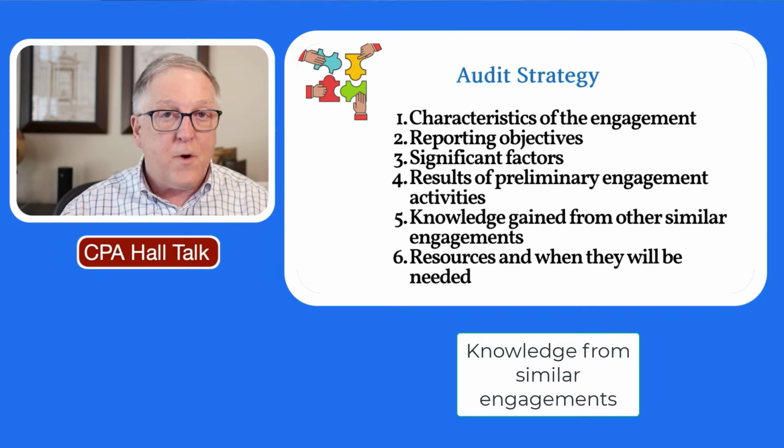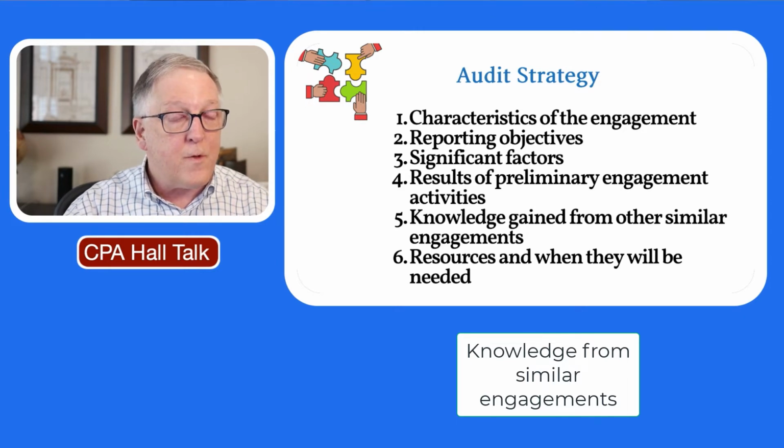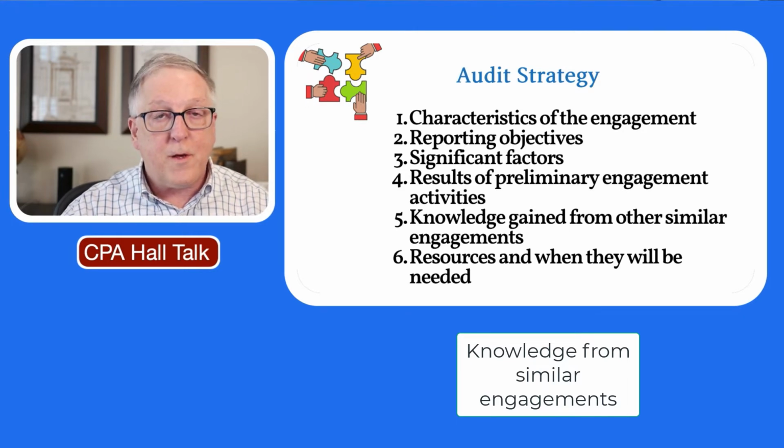So if you're auditing a bank, and let's say it's a fiduciary bank, and you've got another fiduciary bank that you audit, think about the other engagement and some of the risk and what you had to do over there, and bring some of those ideas into this engagement if they're relevant.